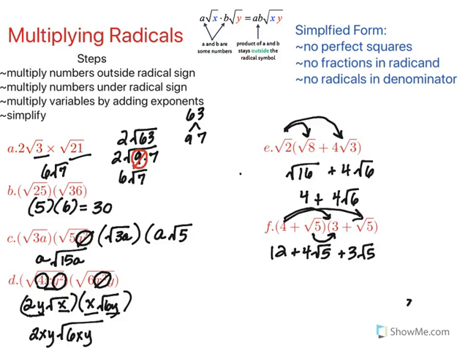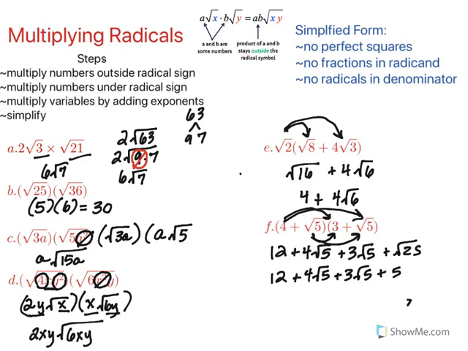So if I have a whole number and a radical, this is how we just rewrite it, just like it was a variable. And then we have the square root of 5 times the square root of 5, which would be the square root of 25, which in this case could be rewritten as 5.